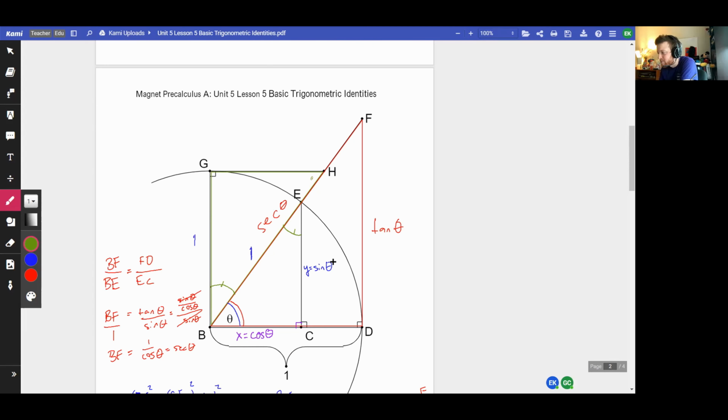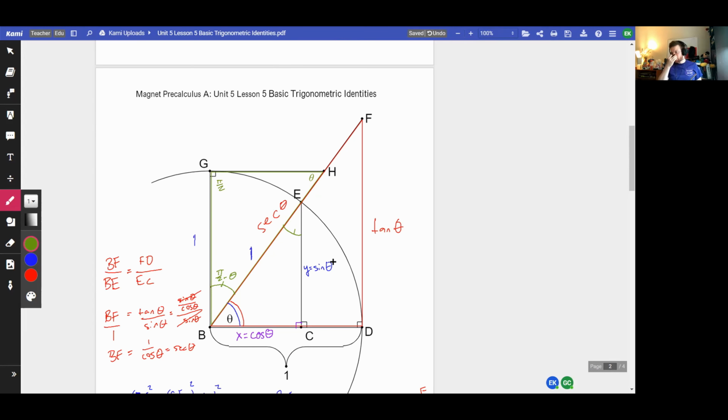I'm trying to make it bigger. Font 24 is pretty nice. And that is the same as theta because of AAA. There are a lot of ways you can think about these two triangles being similar. This is pi over 2 minus theta, this is pi over 2, so that needs to be theta.